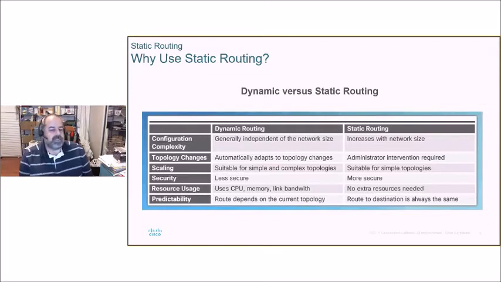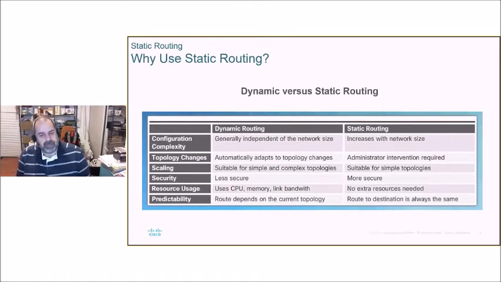workload. So topology changes, as we said, dynamic routing will automatically adapt to topology changes, be they design changes or, of course, failures in the network. While with static routing, someone's got to change it.